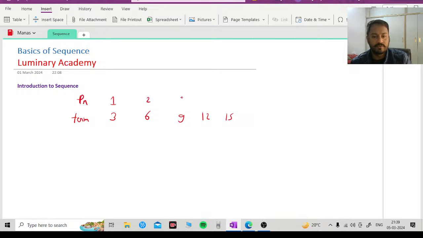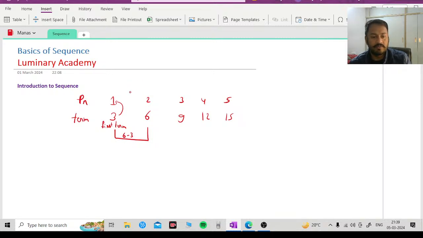So this is 2, this is 3, 4 and 5. The position number of 3 is 1, so it is in the first position. This is also called the first term.